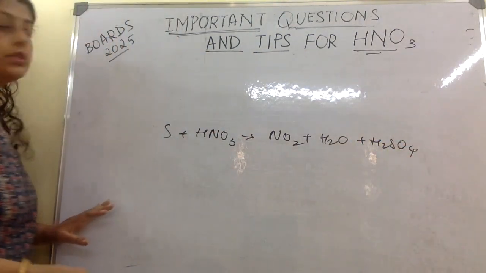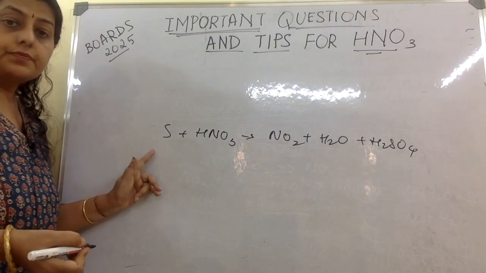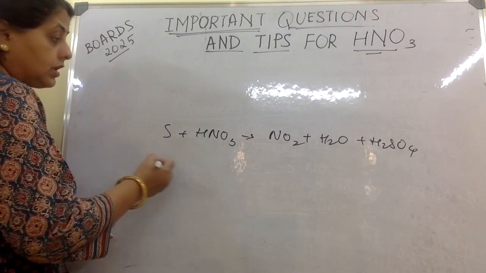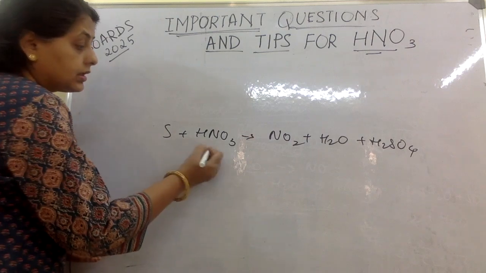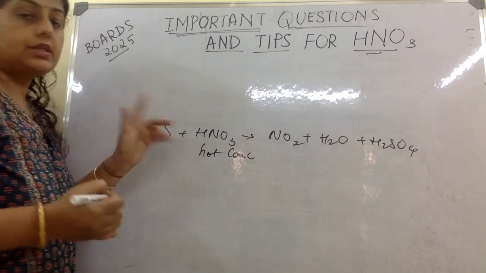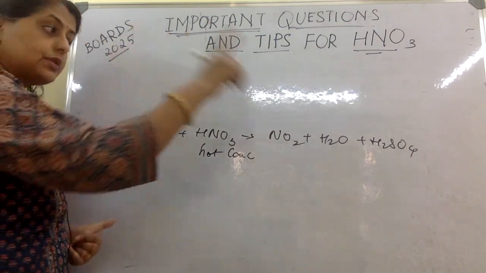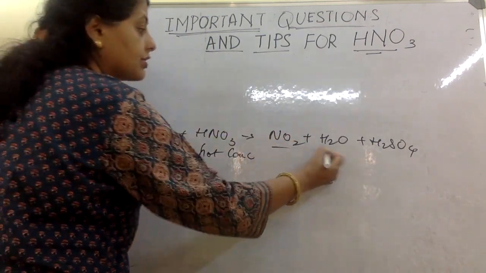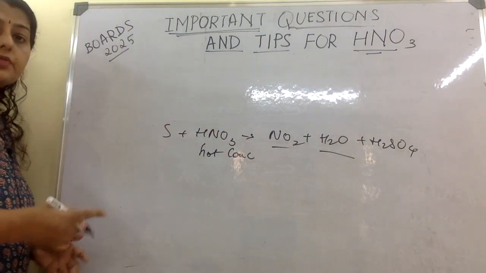Here it reacts with sulfur. I'm not balancing it, you can do that. Hot and concentrated HNO3, when it reacts with sulfur, gives sulfuric acid, nitrogen dioxide and water. Very important reaction.